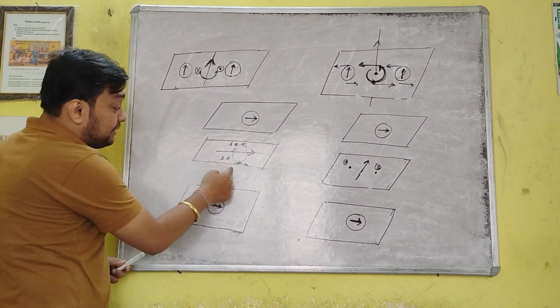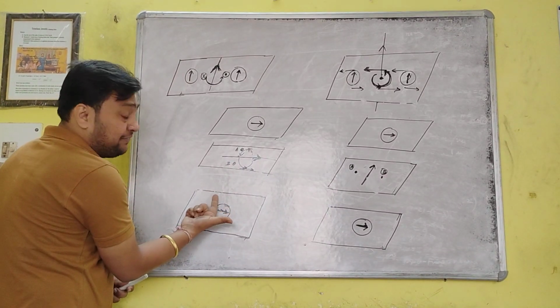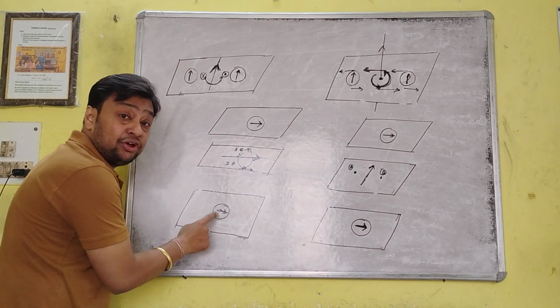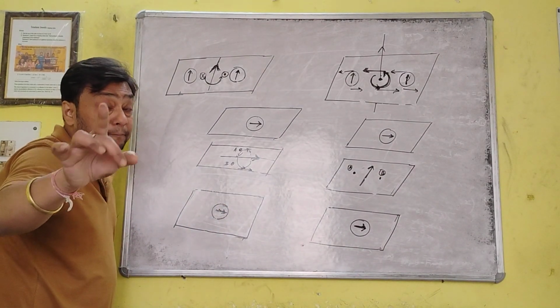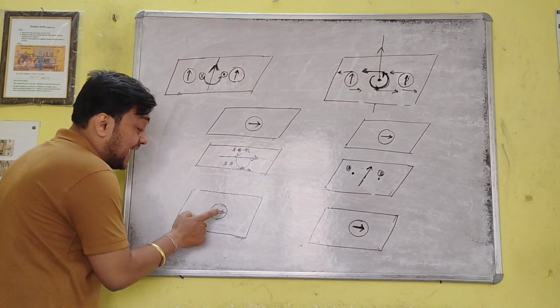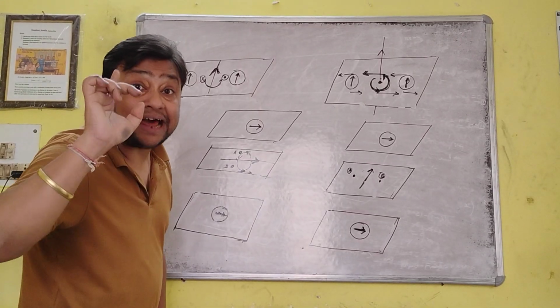Now the magnetic field direction and the needle of the compass both are perpendicular. Note it, I am telling about the direction.